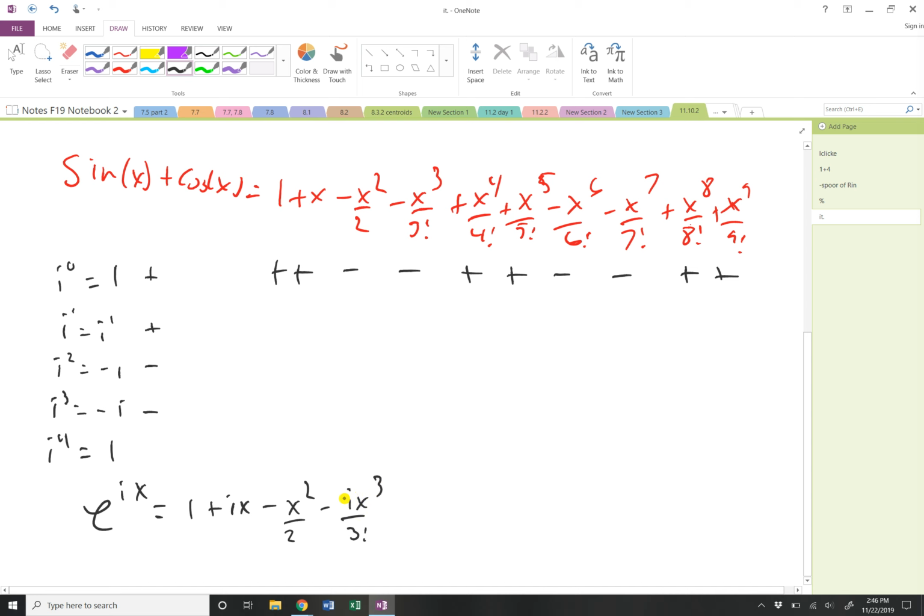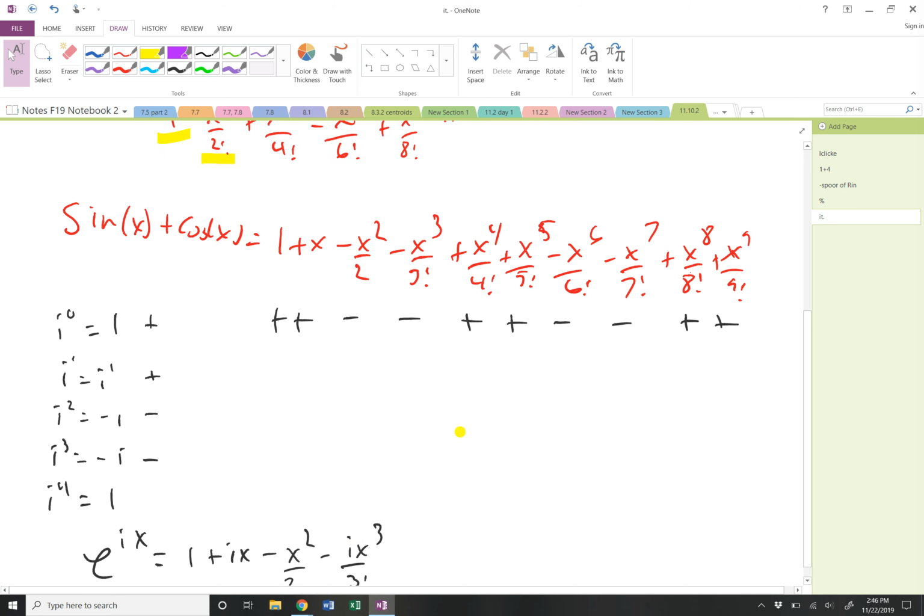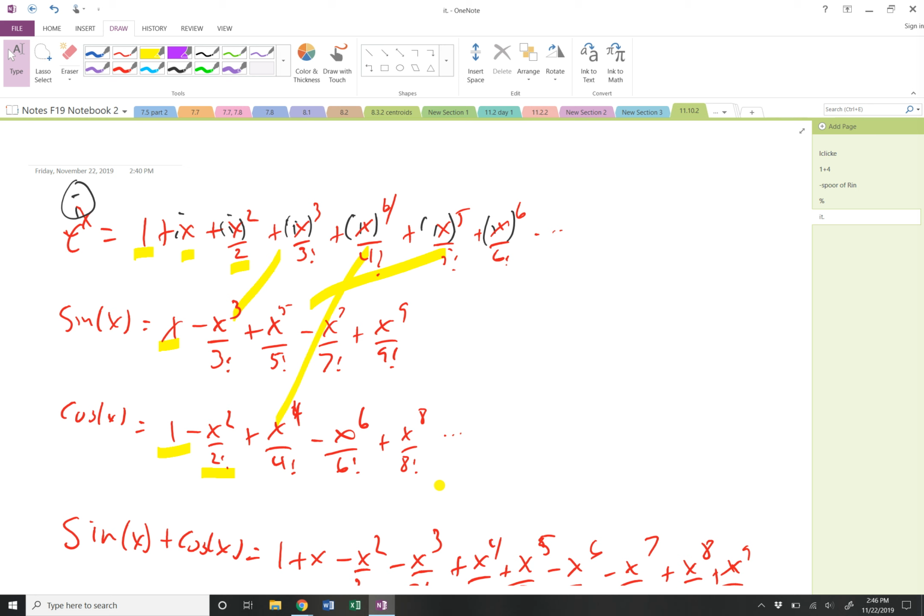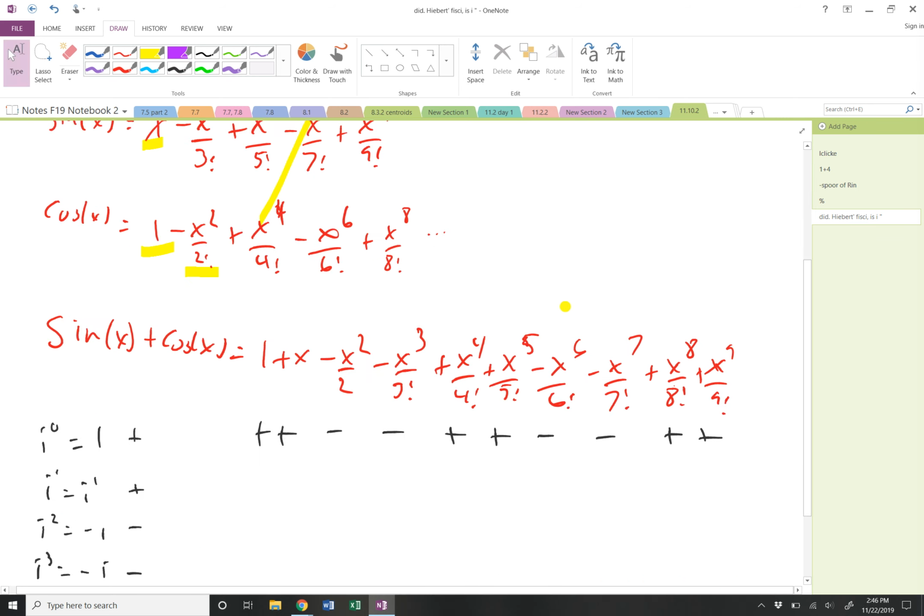Because I had an i cubed, but i cubed is the same as minus i. Right here, this i cubed, I can rewrite as a minus i.